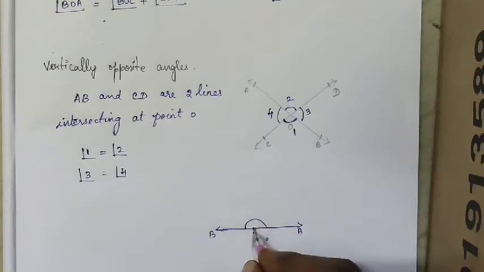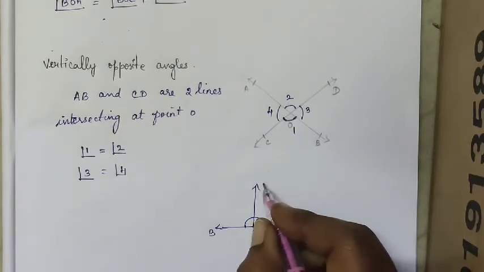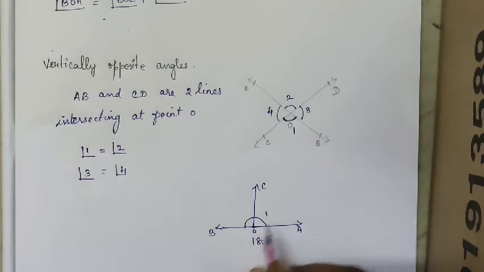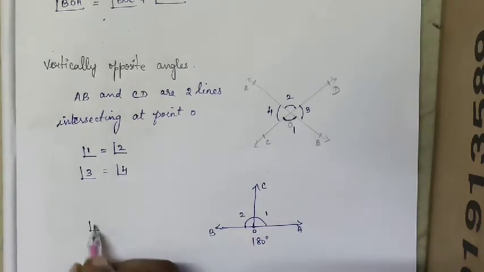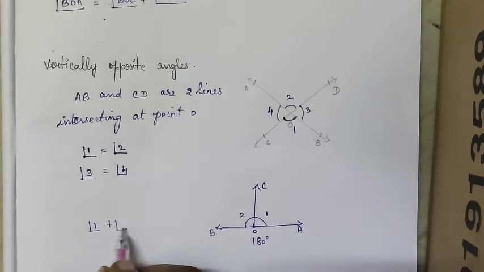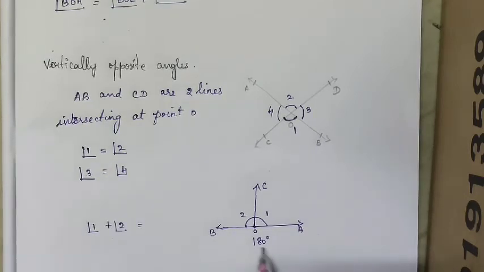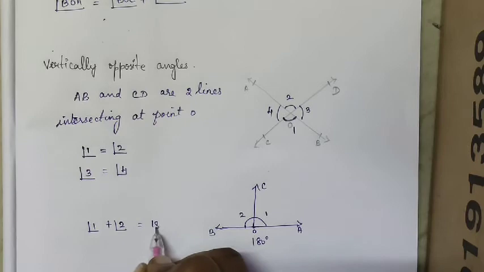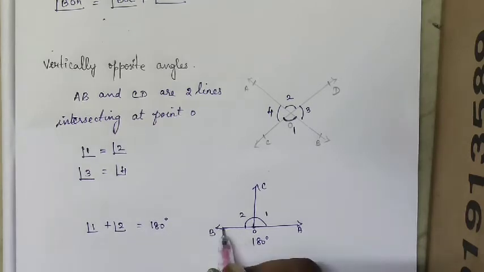Now in between, if the OC line is there, then if I add angle 1 plus angle 2, both angles together will be equal to 180 degrees. These angles are adjacent angles. When I add these two adjacent angles, I get the answer as 180 degrees.